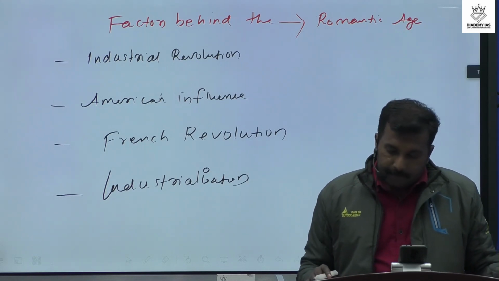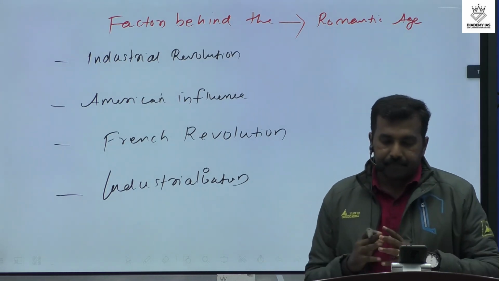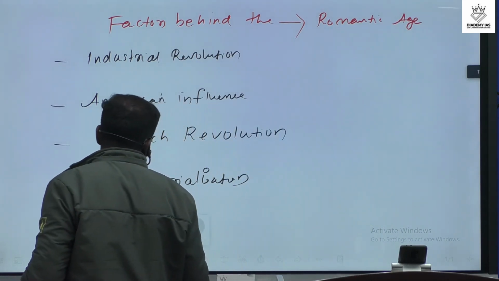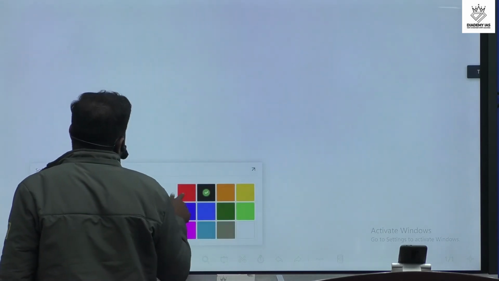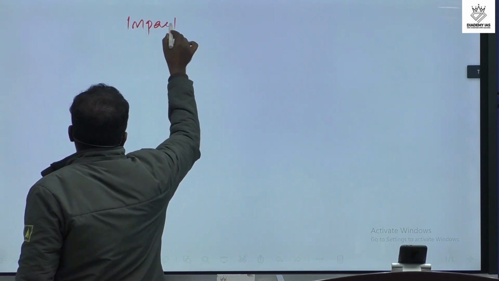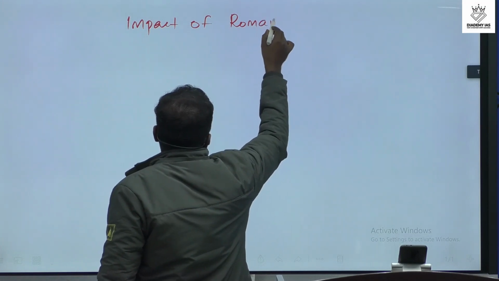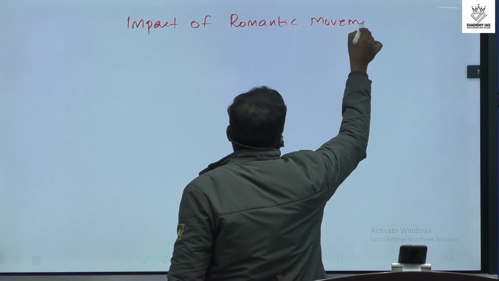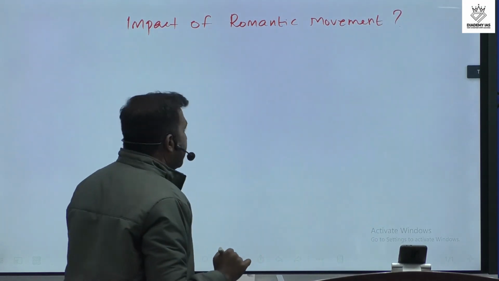And the next one is, what are the impacts or results of the Romantic movement?